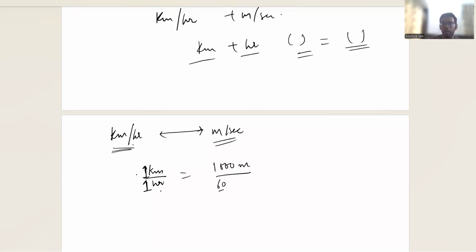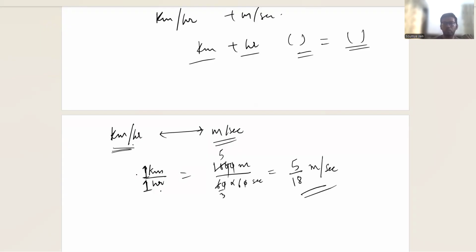And each minute has 60 seconds. So if you reduce it, you'll get 5 by 18 meter per second.